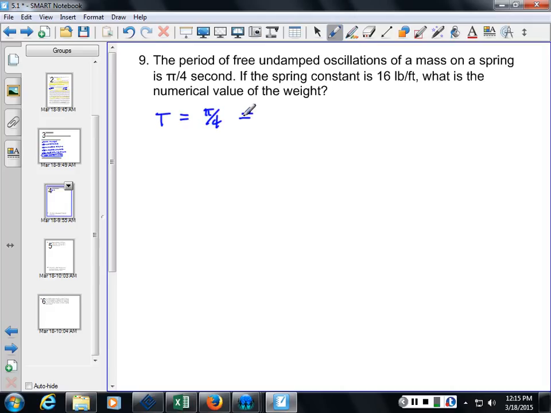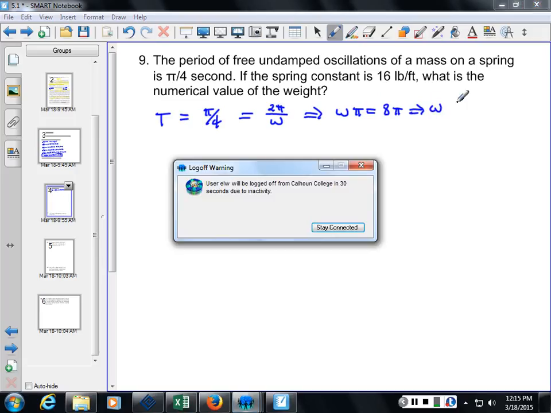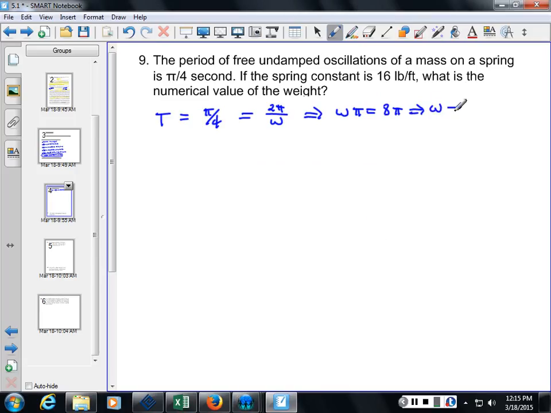Well, the formula for the period is 2 pi over omega. So let's stop and find out what omega is. So this is omega times pi is equal to 8 pi. So that implies that omega is equal to 8, right? So now let's look at the next sentence.